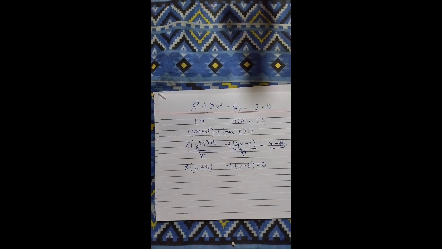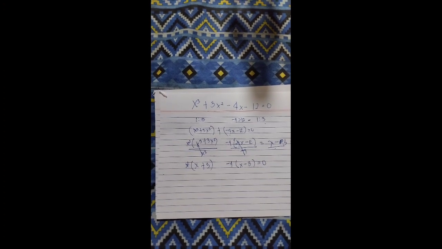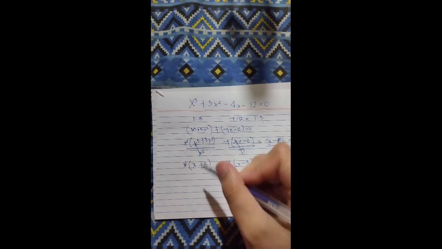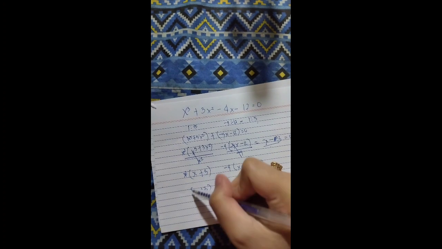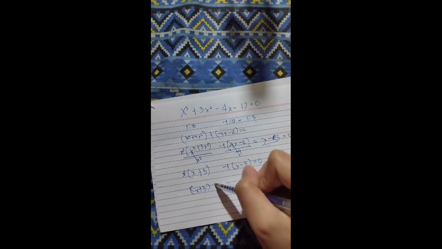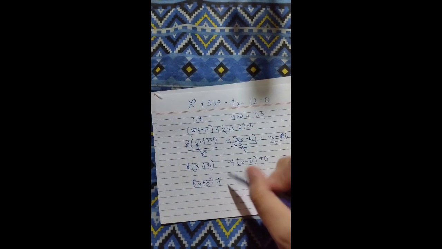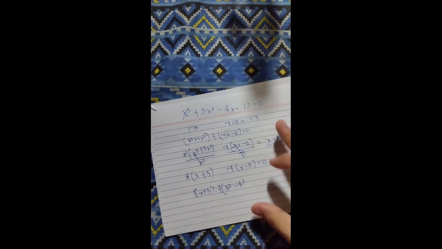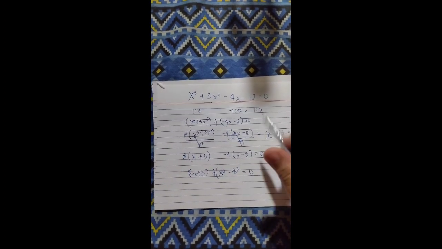So after that, get the common factor, which is the x plus 3. So x plus 3 times x squared minus 4 equals to 0.